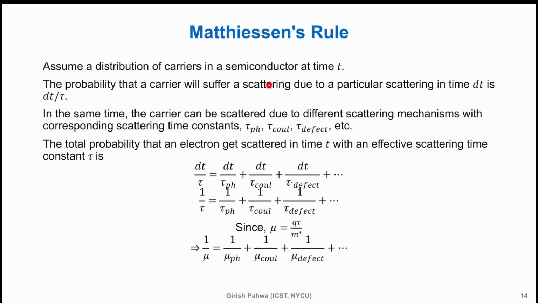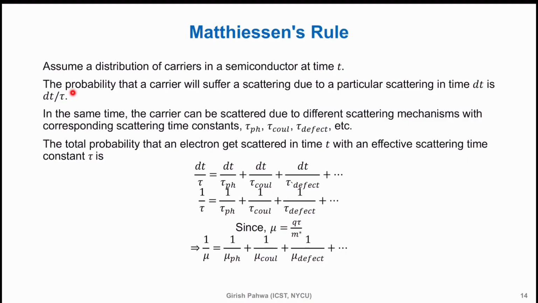How do I calculate the mobility if I have several of these scattering events present simultaneously? There is a rule called Mathiessen's rule that you can apply, and it can give you the individual contribution of the different scattering events to the mobility.